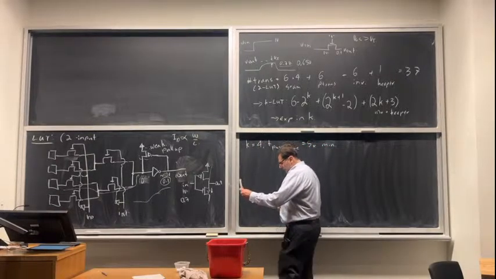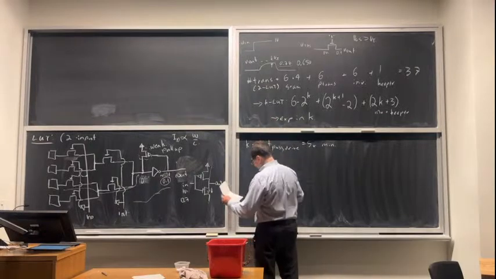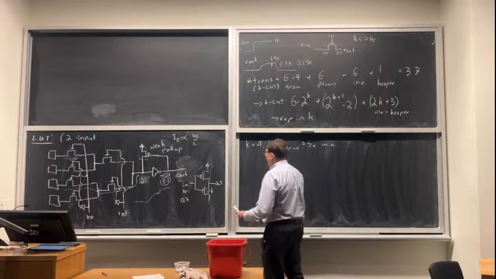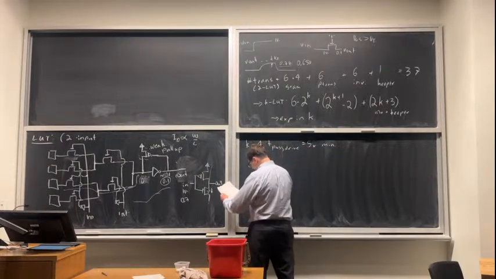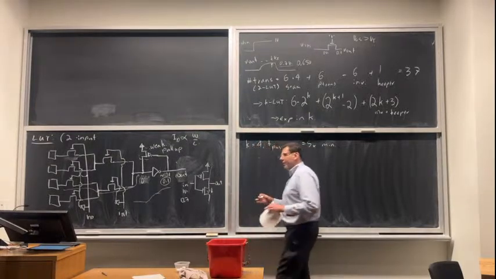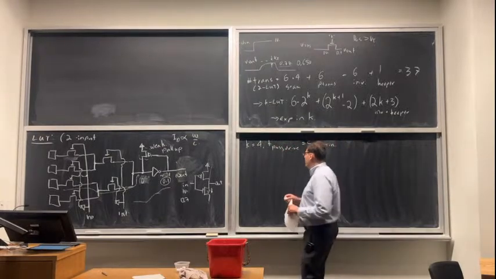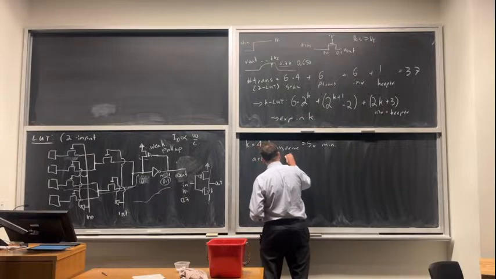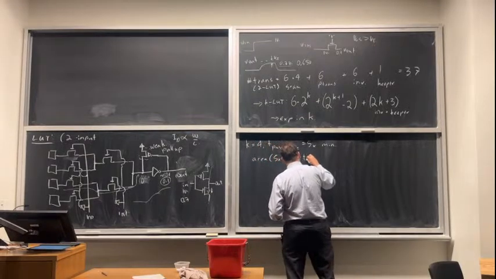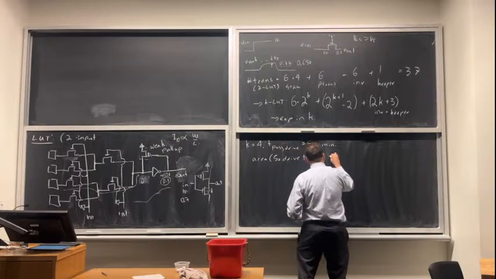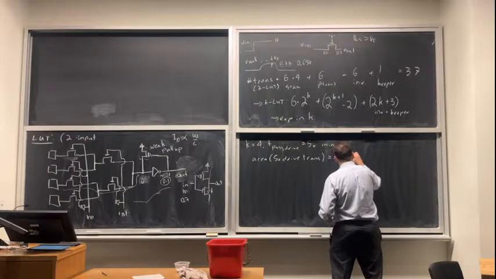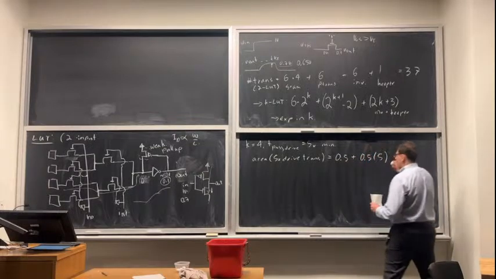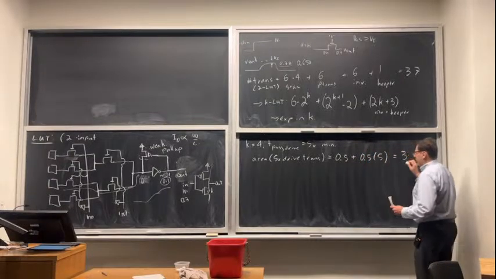If I take that and I plug it into this formula, remember I gave you that simple formula of the area of a 5 times drive transistor is equal to 0.5 plus 0.5 times the drive strength, which is 5. That means this area would be 3. Okay?